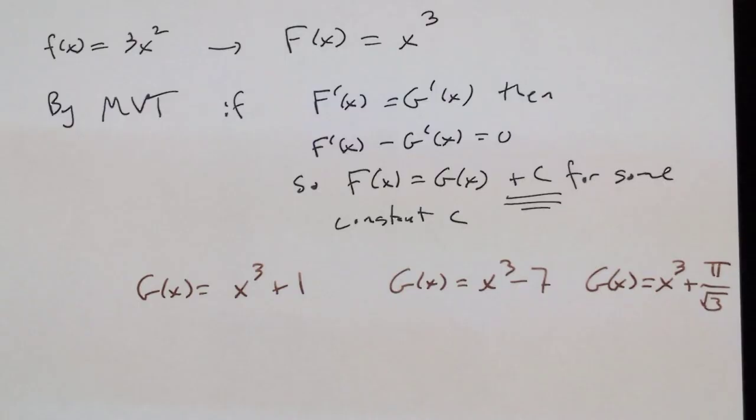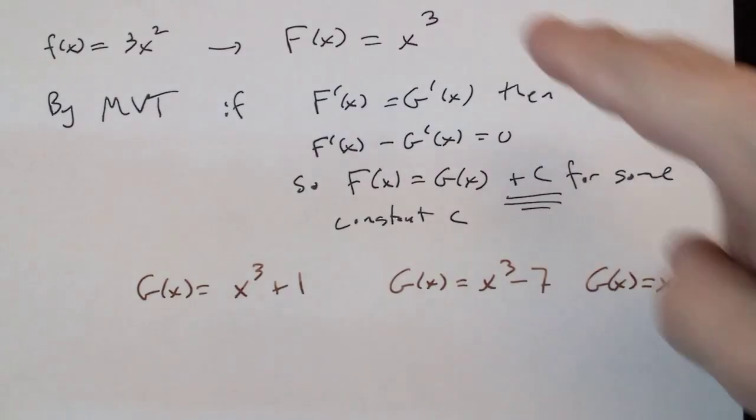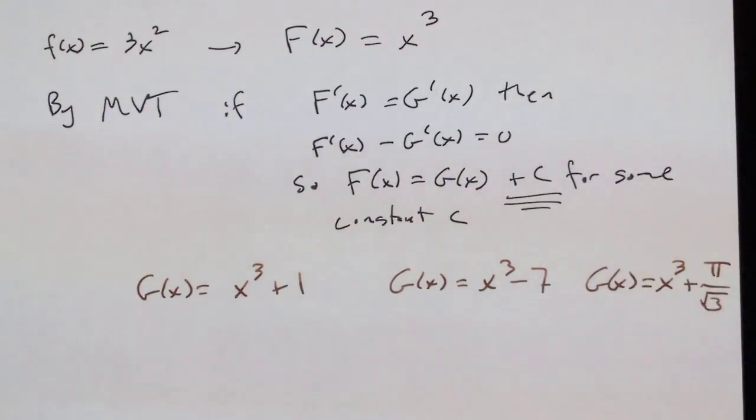The only difference between the graph of f and the graph of these 3 g's is a vertical shift. This one's moved up 1 unit. This one's moved down 7 units. This one's moved up, I don't know, a little less than 2 units. They all look effectively the same.